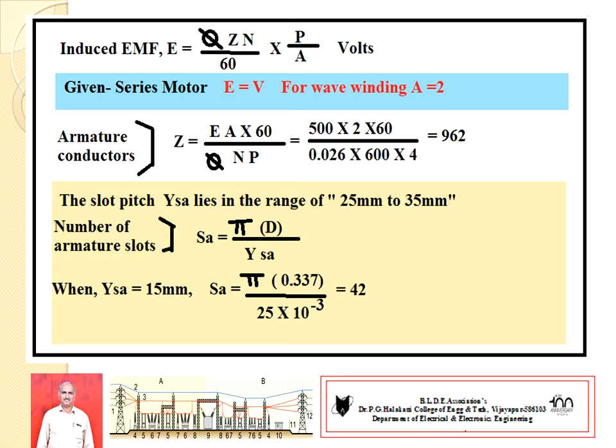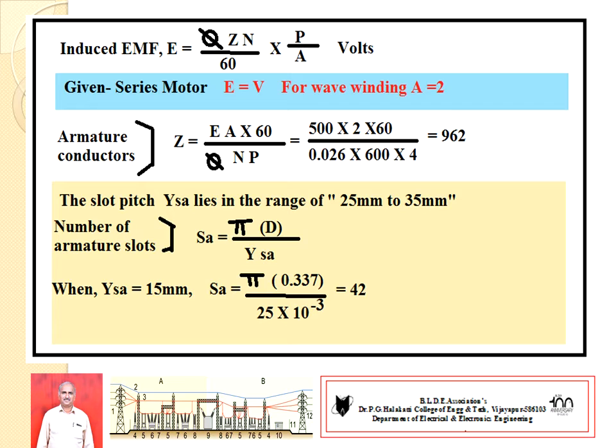By using the above induced EMF equation, it is possible to calculate total number of armature conductors. Z equal to E into A into 60 divided by phi NP. Substitute all the values directly, then Z equal to 962. Total armature conductors we are going to get 962.